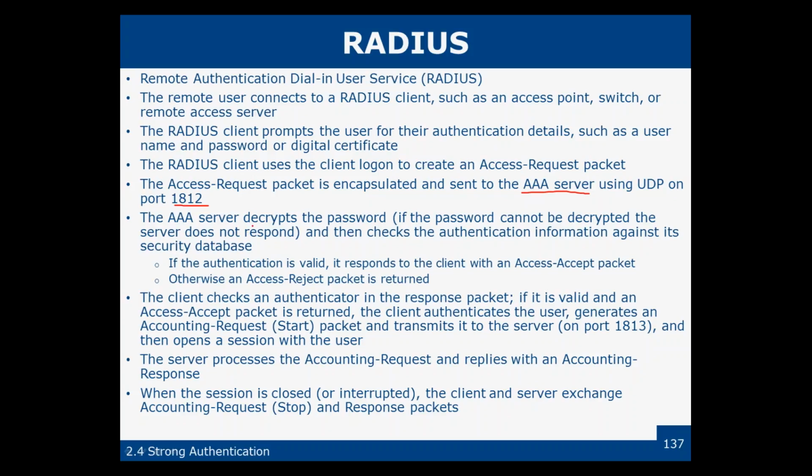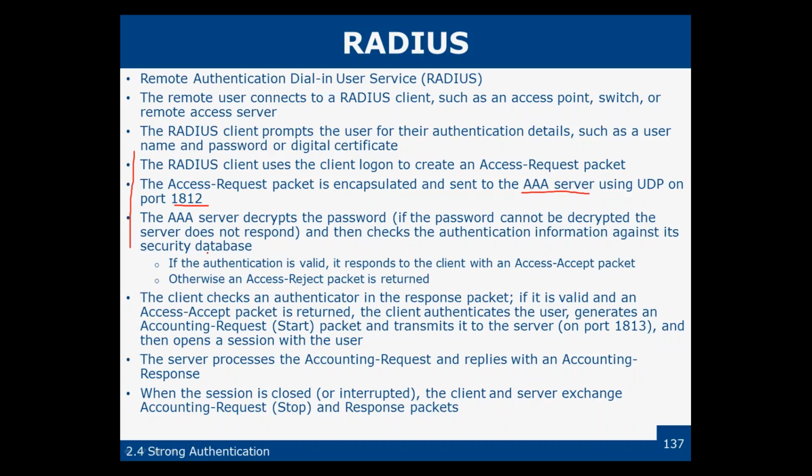The AAA server decrypts the password. If it can't be decrypted, the server doesn't respond, and then it checks the authentication information. What I have found in this whole process is that most of the failures I've had setting this up have been with the certificate that the client provides.